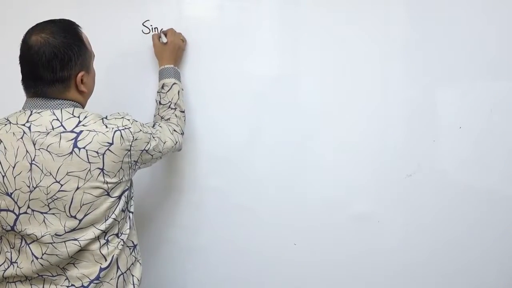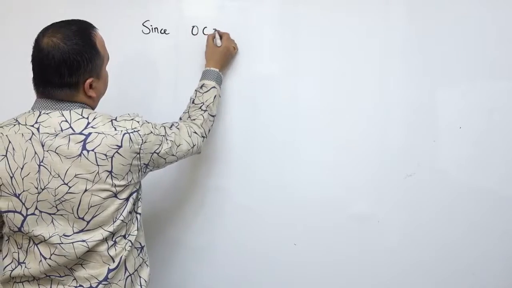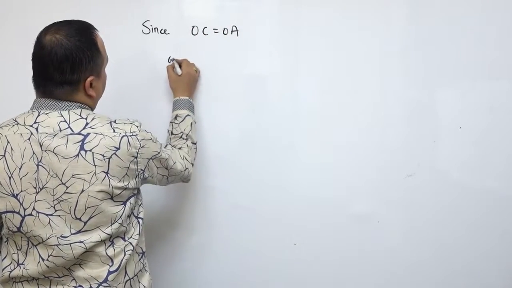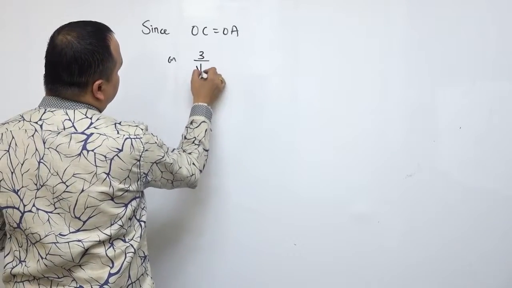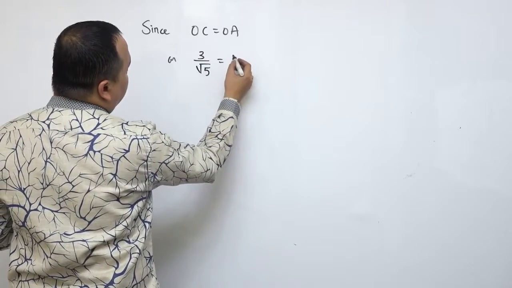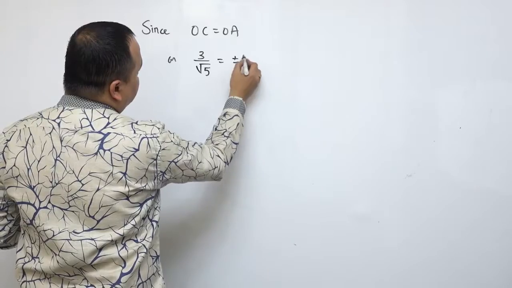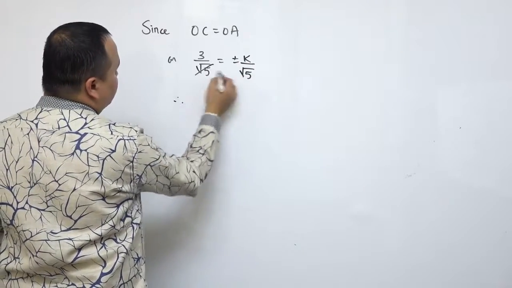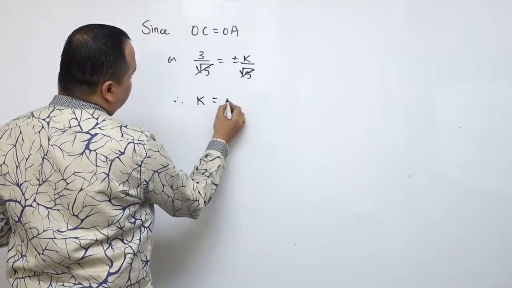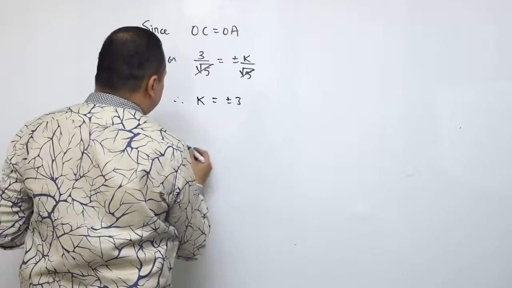Since OC is equal to OA, we have OC is 3 upon root 5, and OA is plus minus k upon root 5. Therefore, root 5 cancels, k is equal to plus minus 3.